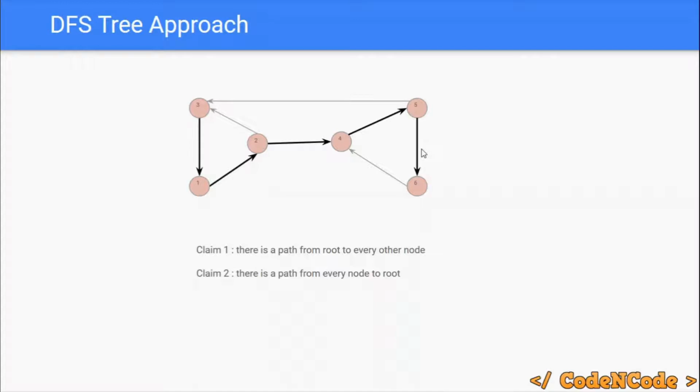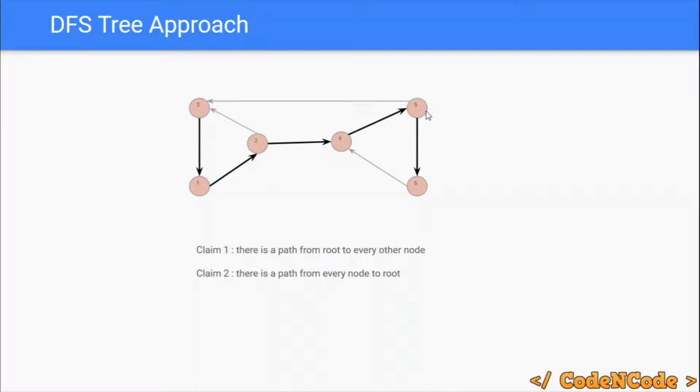But how to prove this? The proof is easy. If there is no back edge which goes to at least the parent of node 4, then this edge would be a bridge, because this is the property of a bridge. This is how we find a bridge using the DFS tree.